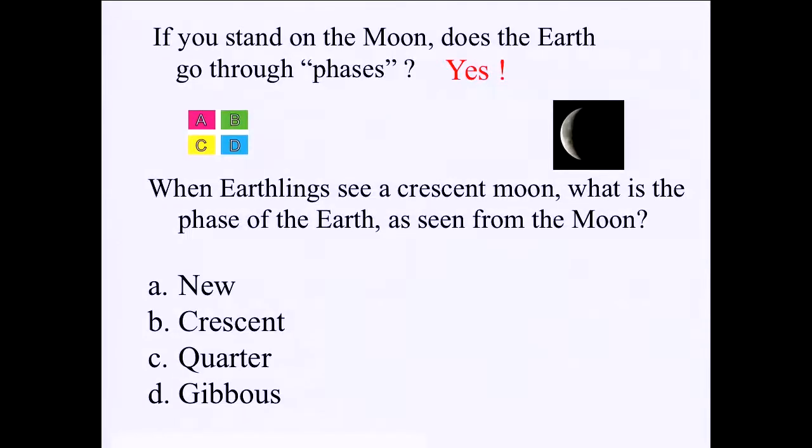In other words, draw the sketch of where the sun, Earth, and moon must be to give you a crescent, and then ask, well, what if I stood on the moon and looked at the Earth, what would I see? What fraction of the side of the Earth that I see would be illuminated? That's the only way I can do this problem.